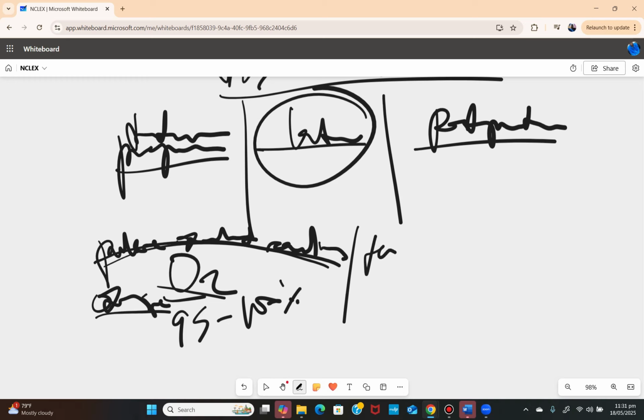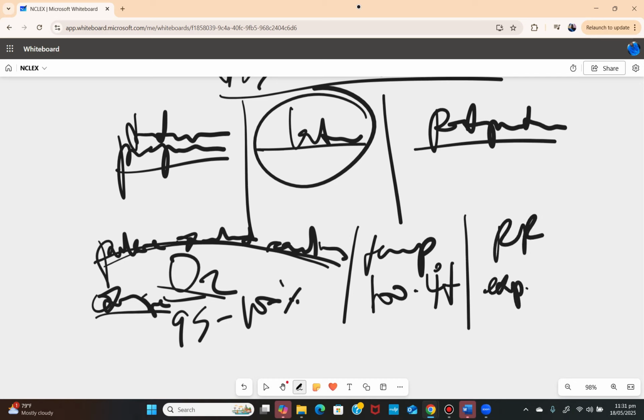The normal range is 95 to 100%. For temperature, anything greater than 100.4 degrees Fahrenheit is a problem. And respiratory rate is expected to be high. That is it, so that is for labor.